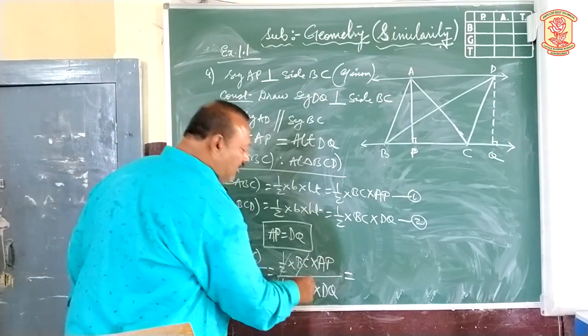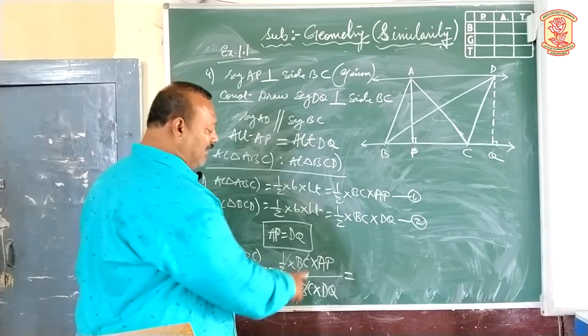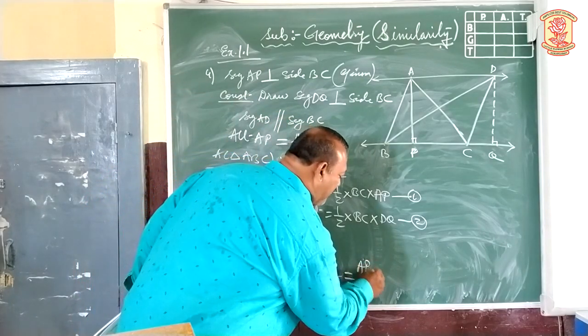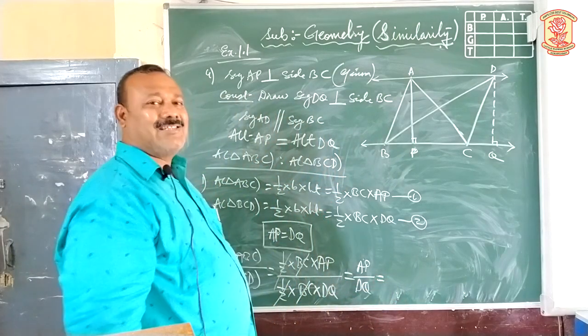BC is the same in both, that is the common base. BC and BC get cancelled. We get AP upon DQ. Now, but since AP and DQ are the same, why?